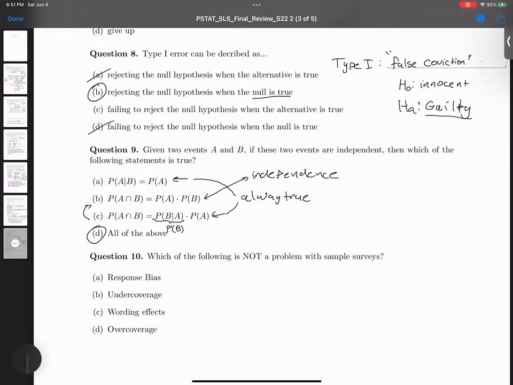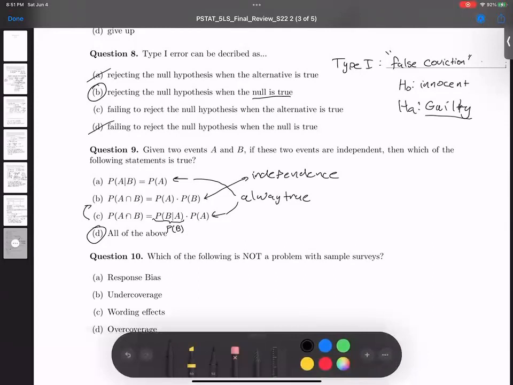Actually, I said this wrong. I wasn't reading this top one right. This one is also by independence. So C is always true. And then these two are by independence. This top one is by definition of independence, and then you're applying that in C, and you could get B. So it's all of the above.